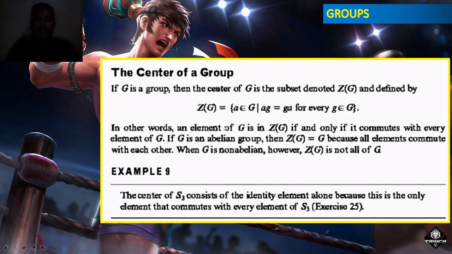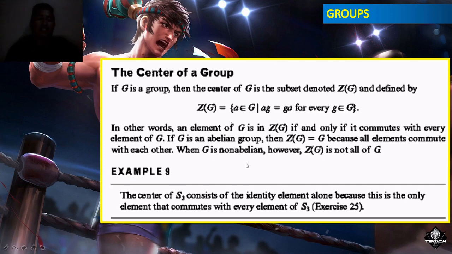Okay, now class, if G is an abelian group, then Z of G is equal to G itself. Equal na sa iyang G, kaya nga abelian group man, so tanang elements ni G kay commutative, because all elements commute with each other.